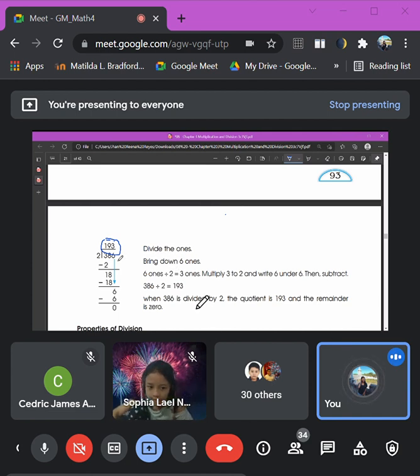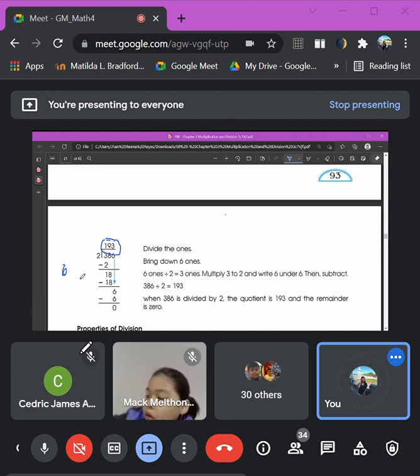We brought down 6, and then that 6, we divide by the divisor 2. 6 divided by 2 is 3. So 3 is our quotient, and then we multiply by 2. 3 times 2 is equivalent to 6, and then 0 is the answer. Do you understand now, Tristan?